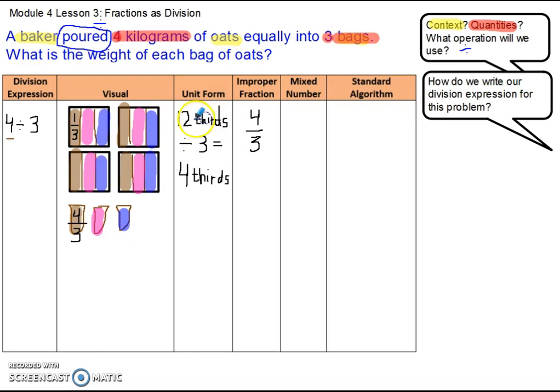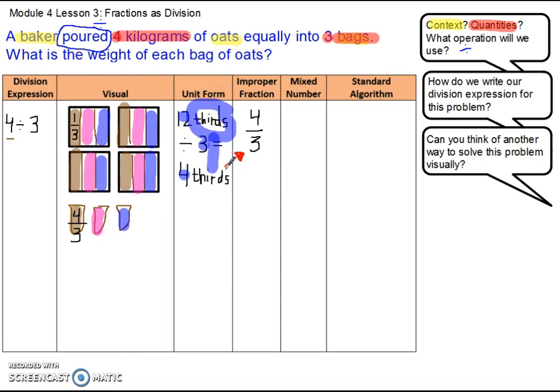Because we took that 12 and we divided it by the 3 to get 4, and then we take our unit name and we drop that down to name our unit form. So 4 thirds, which is also how you would say this improper fraction, 4 thirds. So that is just another way to think about writing this division expression, breaking your wholes down into parts.